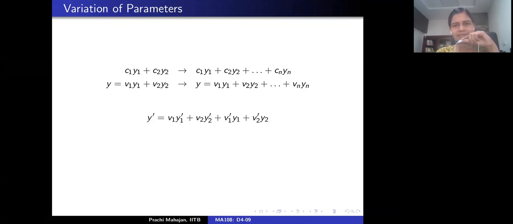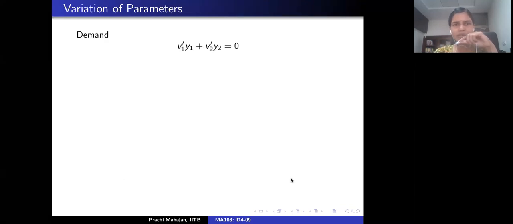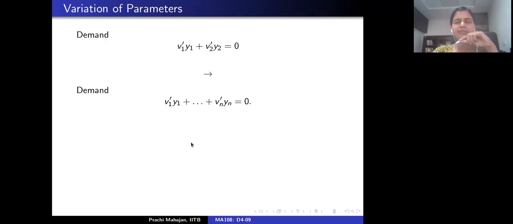Okay, so let's differentiate this solution once. And what would we get? We would get terms involving the derivatives of v1 up to vn, right? I am going to impose the condition that the derivative of v1 times y1 plus all the way to the derivative of vn times yn is going to be 0, right?